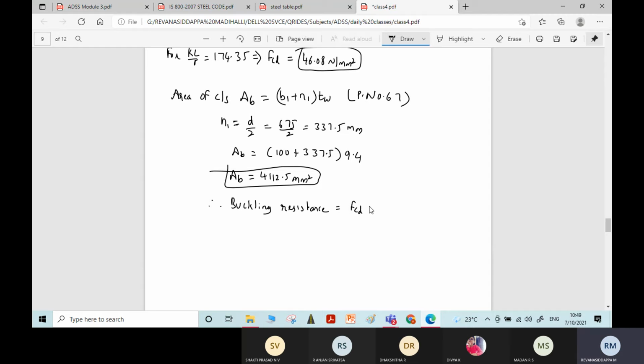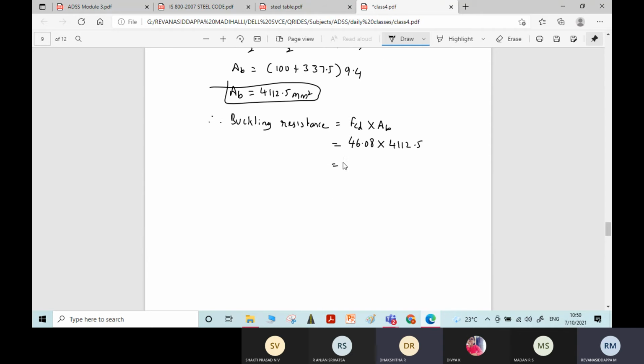Stress is FCD into AB, which is 46.08 into the area of the web subjected to buckling, 4112.5. That gives 189.50 into 10 power 3 Newton, which is 189.50 kilonewton, which is greater than 105 kilonewton, hence safe.